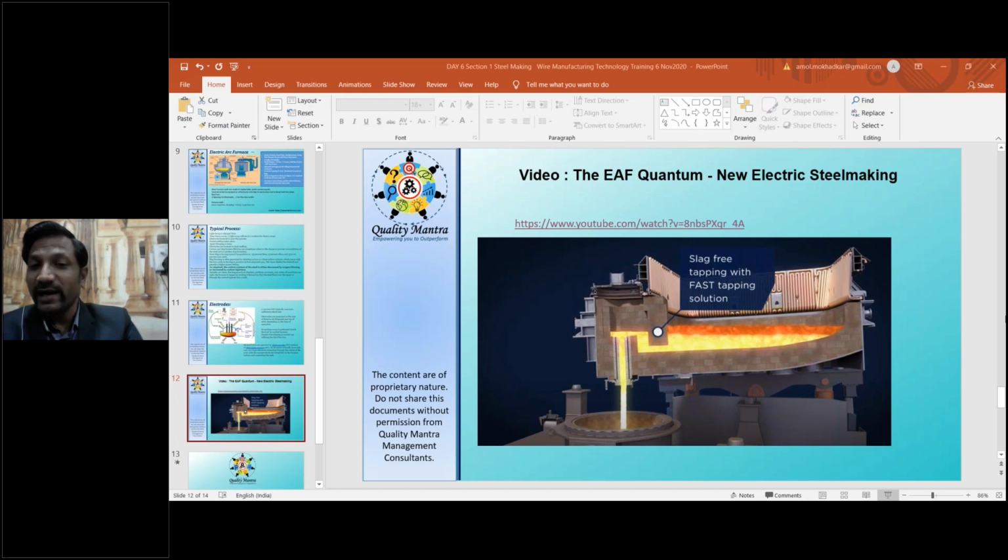What can optionally be added? So pellets. One word was there. They can also use the HBI also, pellets and HBI, है ना?